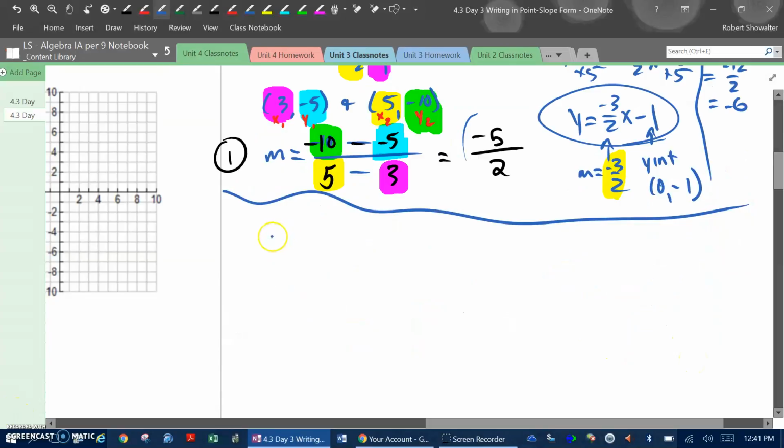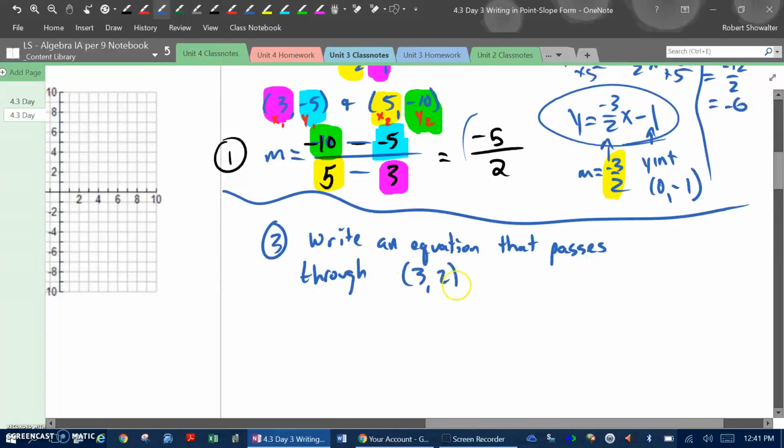And I want to sneak in one more problem here before you go to the next station. We're going to combine point slope form to slope intercept form with using the slope formula. So if I say write an equation that passes through the following points, let's say 3, 2, and 5, -2.